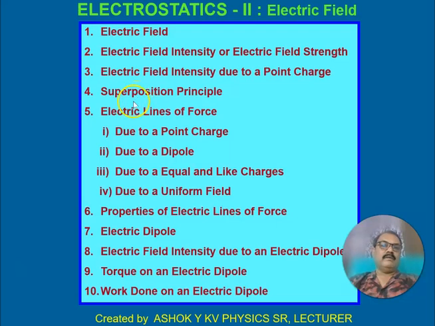Same as force: the force on a charged body is the vector sum of individual forces acting on the body. In the same way, the superposition principle of electric field says the field at any point is the vector sum of the individual fields at that point.